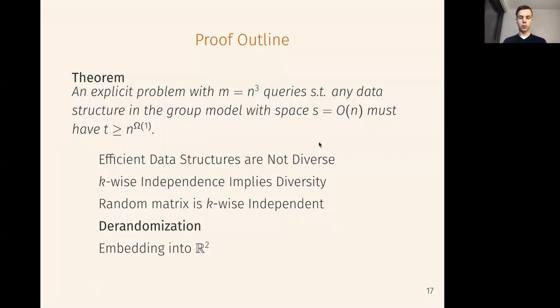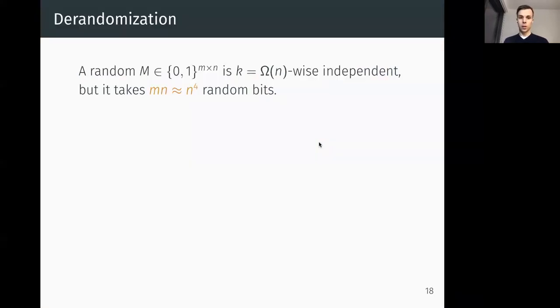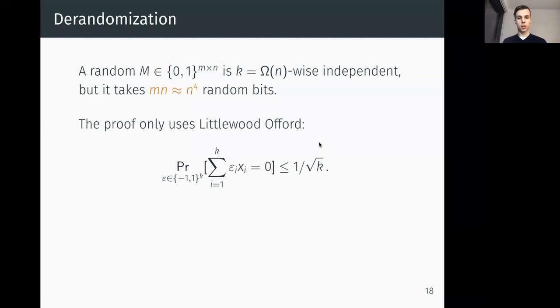So now we have shown that the random matrix is k-wise independent, and the next step we want to do is derandomize this construction. That is, we want to use fewer random bits than a uniformly random 0-1 matrix needs. For that, we notice that our proof uses only the Littlewood-Offord inequality, and it has the following form, where the xi's are real numbers or elements of a finite field, and the epsilon i's are uniformly random signs from the same column inside the matrix.